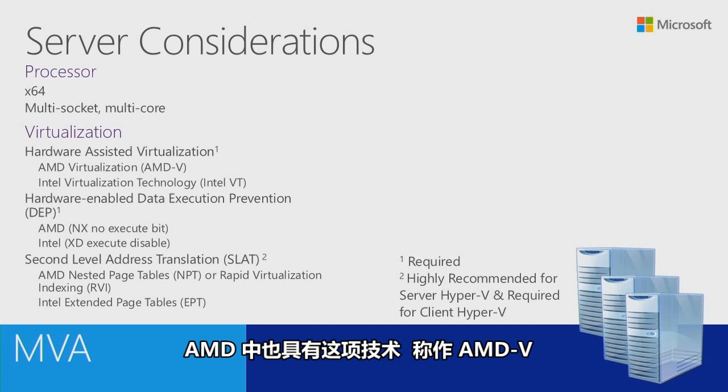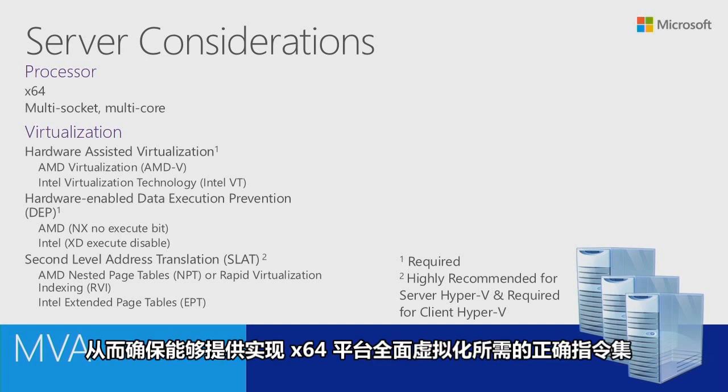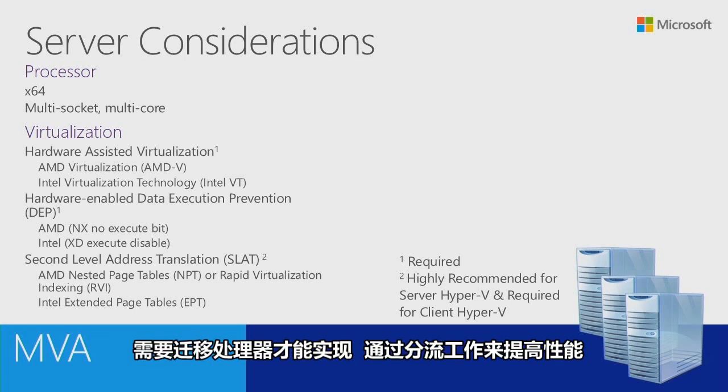AMD has it, and it's called AMD-V. Basically, this is hardware-assisted virtualization. This is work we did with the chip vendors to make sure they provided the proper instructions we needed to fully virtualize the x86 platform. Prior to that, there was some heavy lifting that had to be done in software. Moving that into the processor allowed us to shunt a lot of that work there and get improved performance.